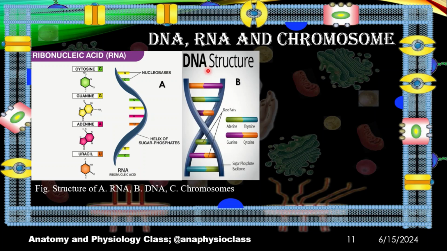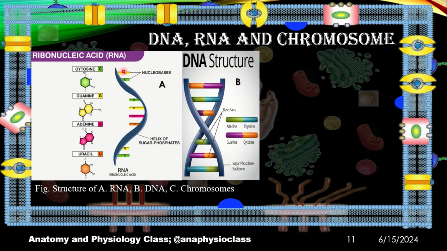We just inserted it to help you understand the process of protein synthesis and cell division. Without understanding the actual structure of DNA, RNA, and chromosomes, and the differences between them, we will not comprehend what protein synthesis or cell division is all about.